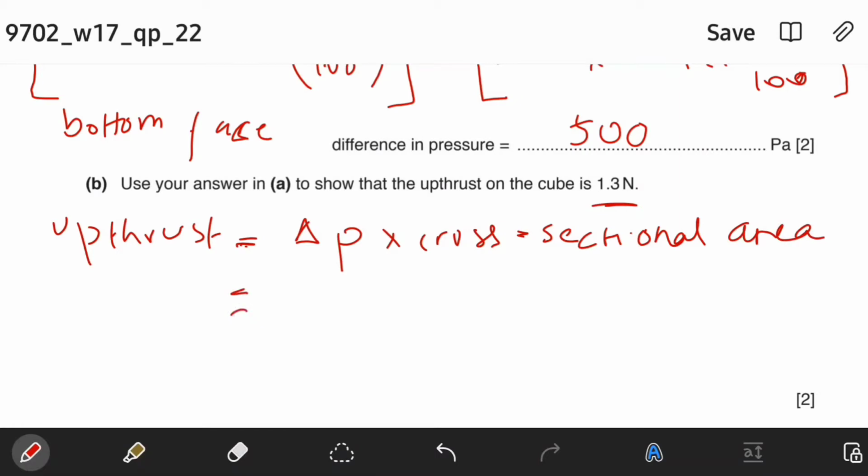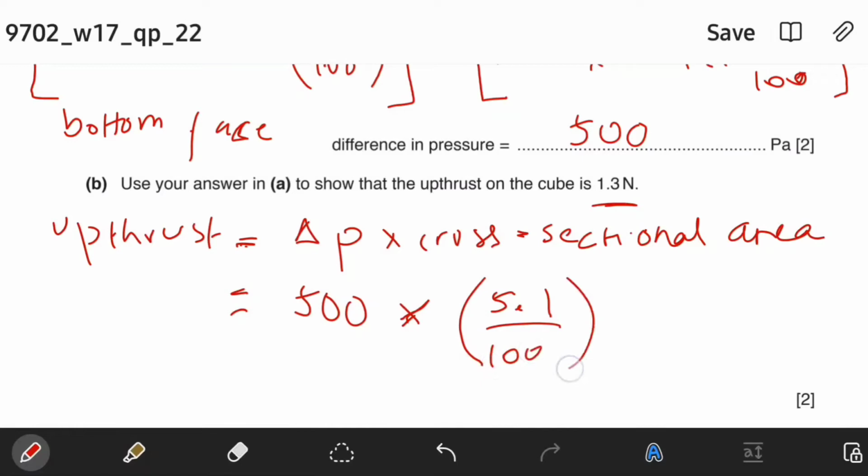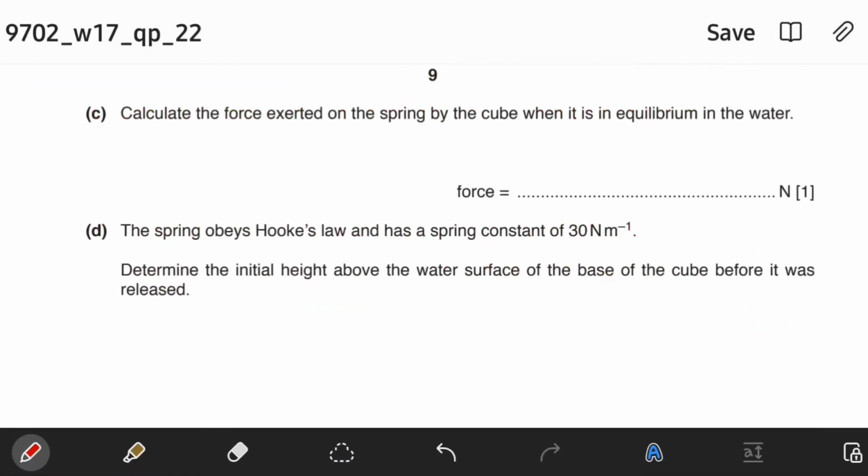So change in pressure is 500 into cross-sectional area is 5.1 square, but converted into meters, and the answer would be 1.3 newtons. Calculate the force exerted on the spring by the cube when it is in equilibrium in the water. So force would be given to us by subtracting upthrust from weight, right?